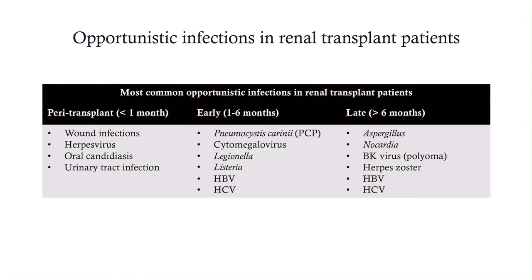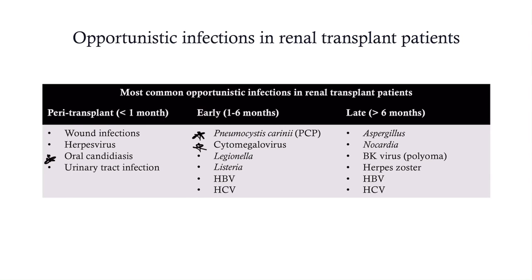So then what we're left with is something that looks fairly familiar. It looks a lot like the opportunistic infections that we run into in AIDS. So oral candidiasis, for instance, Pneumocystis, cytomegalovirus. Let's see, I think I got to most of them.